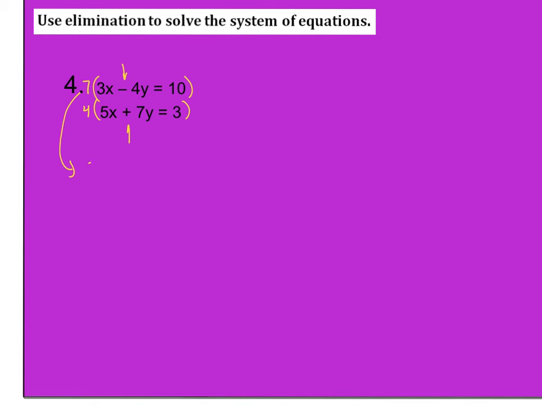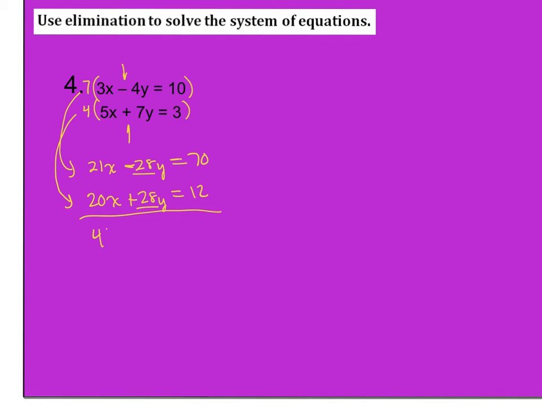So that becomes 21x minus 28y equals 70. This one becomes 20x plus 28y equals 12, sorry. So now I have minus 28 and I have plus 28.